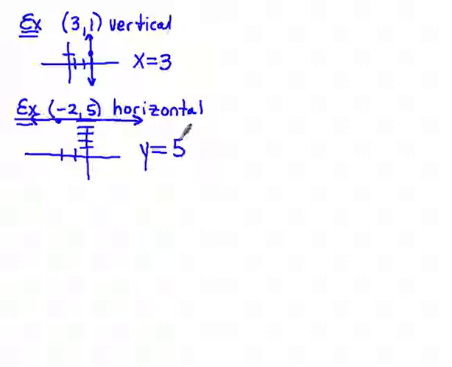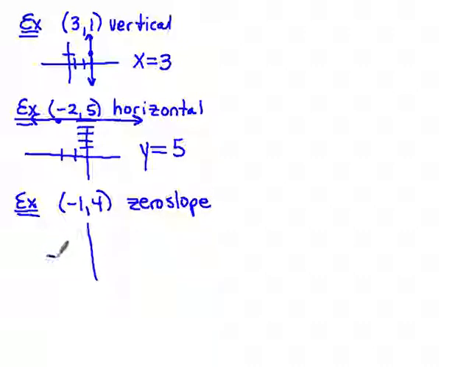Now, I can ask those same two questions in a different way. All right, let's say that I have negative 1, 4, and it has 0 slope. All right, so it's going through the point negative 1, 4.